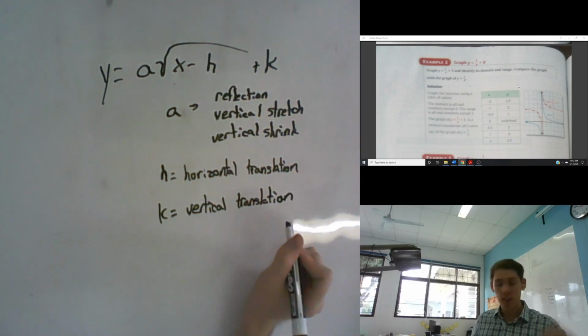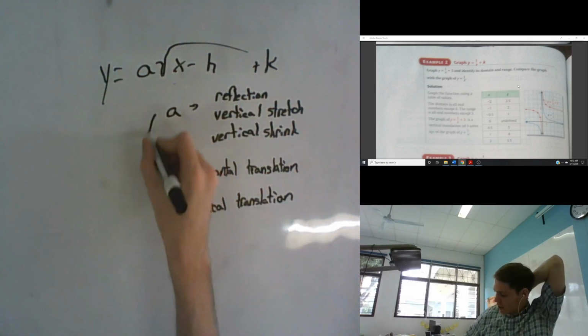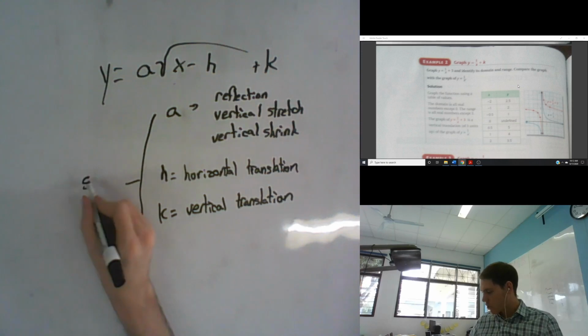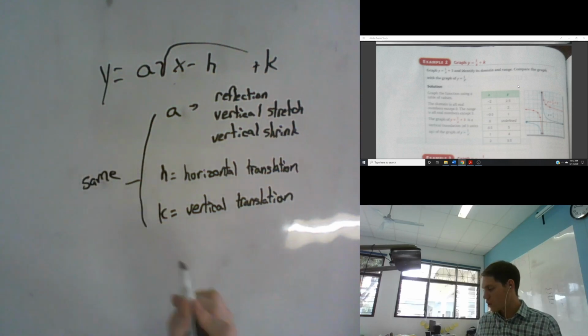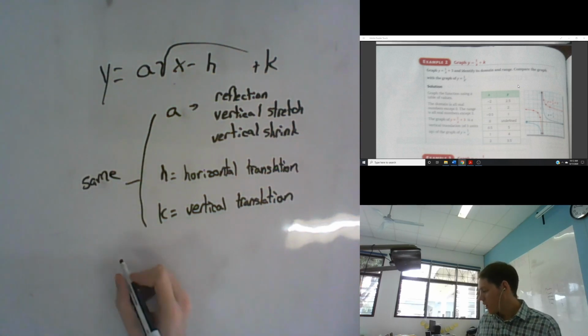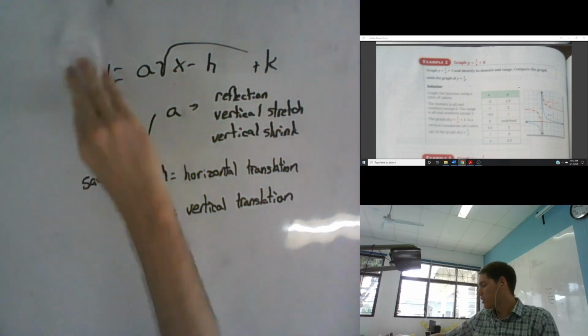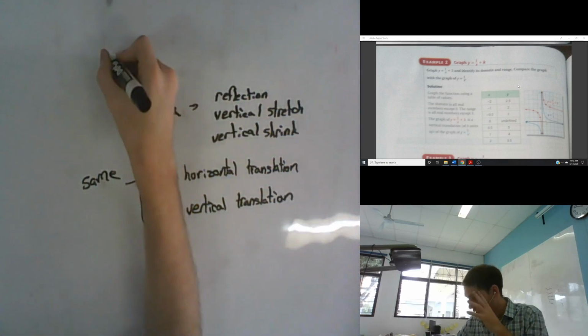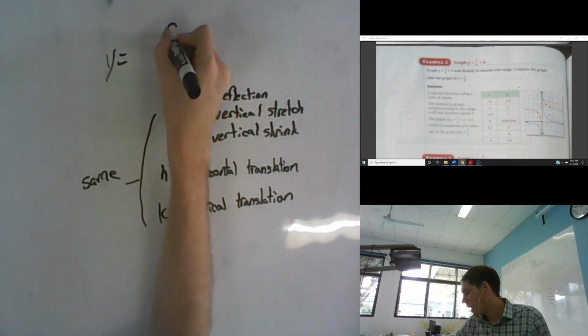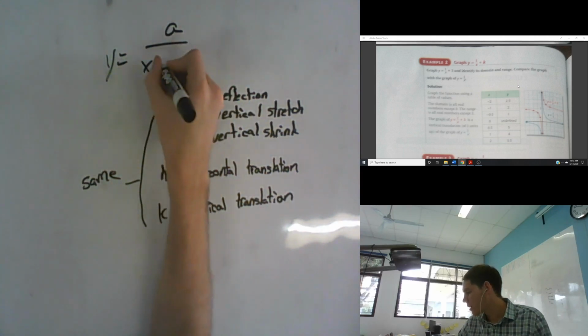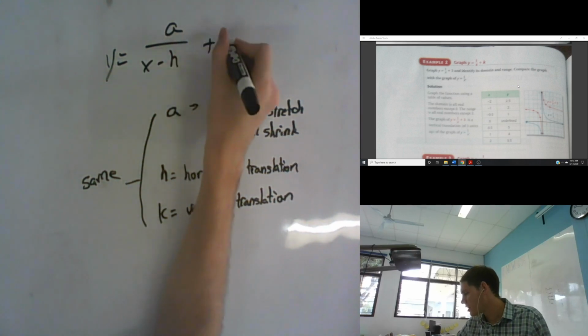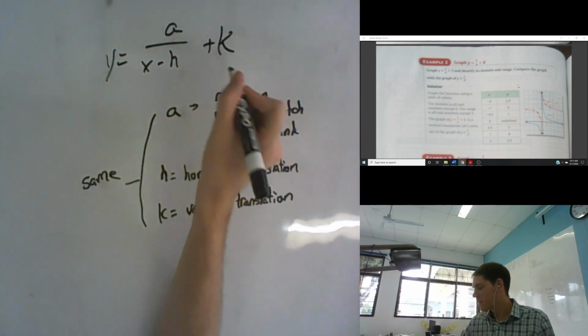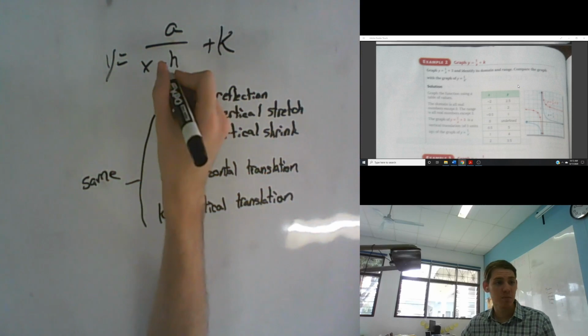If you remember this, these three are going to stay the same. What do I mean? Well, our new formula is going to be this: y equals a over x minus h plus k.